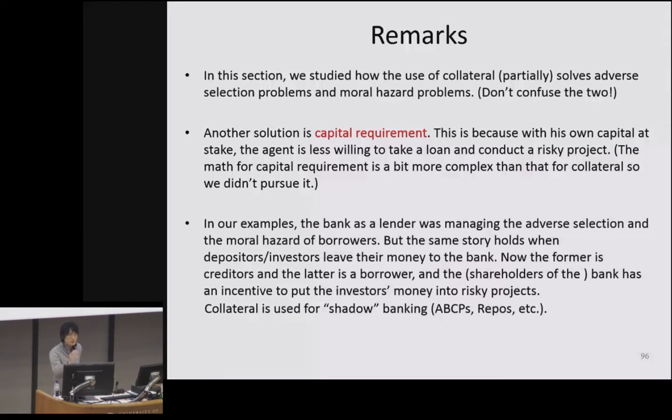So the maximum loss the borrower can incur is limited to £20. So there is still a limited liability, but still, it's better than nothing. Equity requirement mitigates the moral hazard problem by the borrower because his own money is at stake and he is more cautious about risk-taking. In Martin Hellwig's book, they like this example of mortgage.